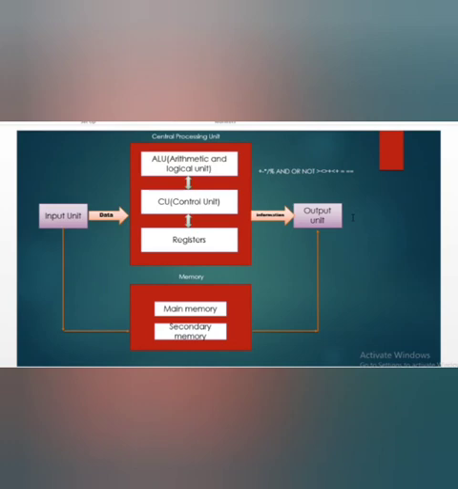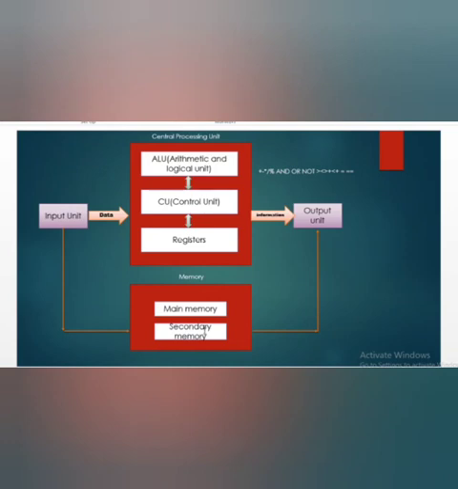So this is regarding the functional components of a computer system. Initially it takes the data as input, then it processes the data using these three subunits of the central processing unit. Then it stores the data in the memory. If you want to store the data temporarily, we use main memory. If you want to store the data permanently, we go with secondary memory.